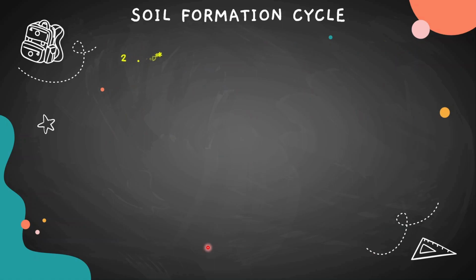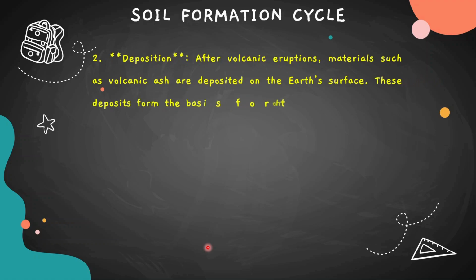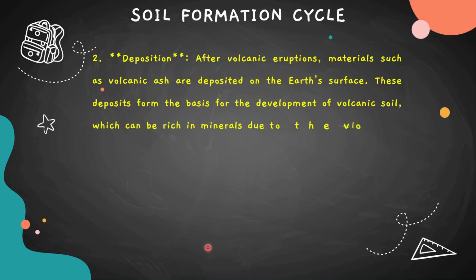Okay, so the next process of the soil formation cycle is deposition. So after volcanic eruptions, materials such as volcanic ash are deposited on the earth's surface. These deposits form the basis for the development of volcanic soil, which can be rich in minerals due to the volcanic activity.